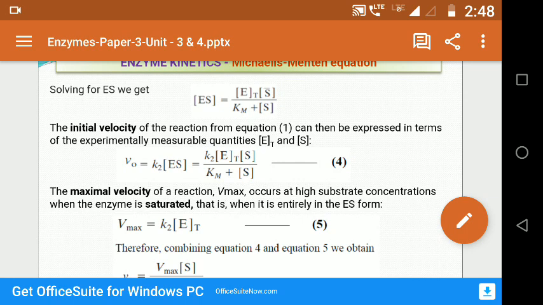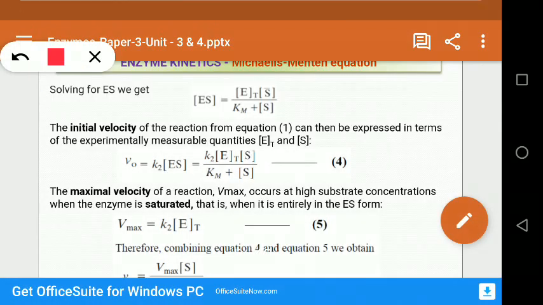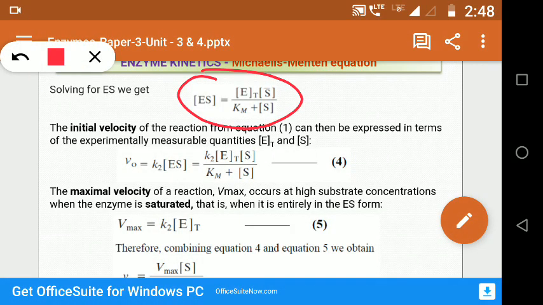And we already know ES, we have solved it here, and we substitute this in the place of ES. So for that we will get this fourth equation.